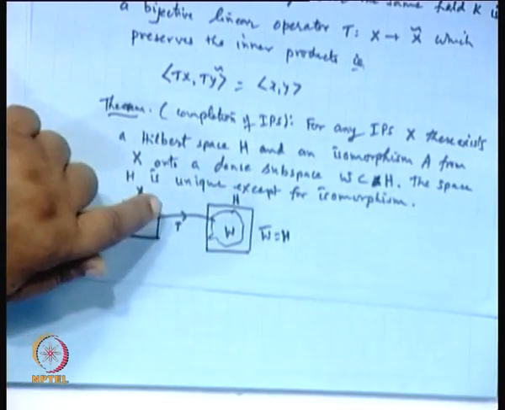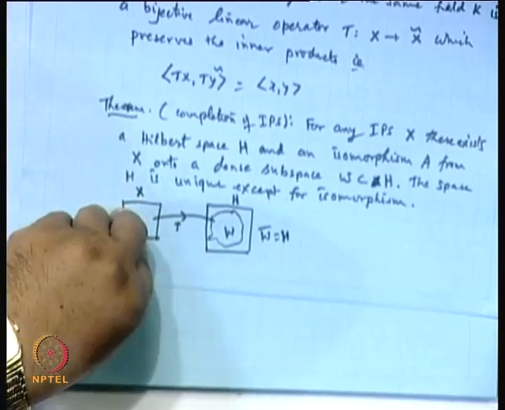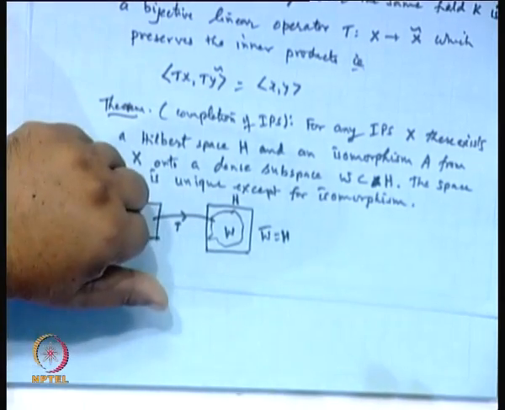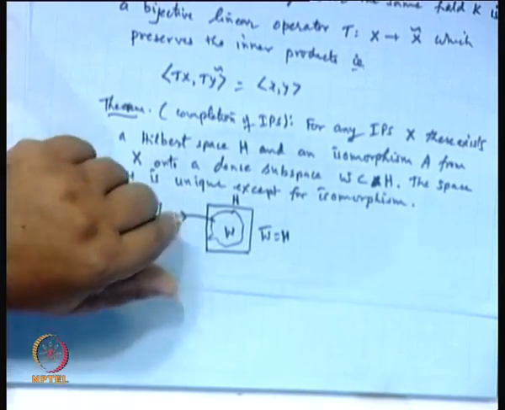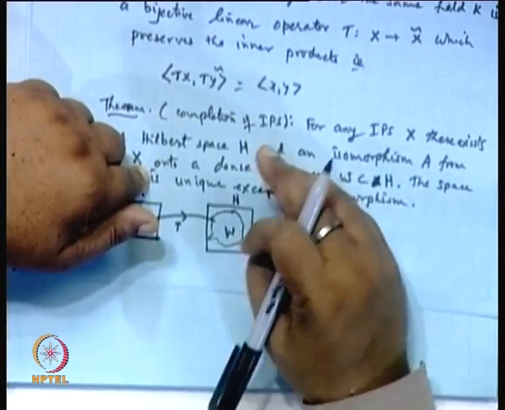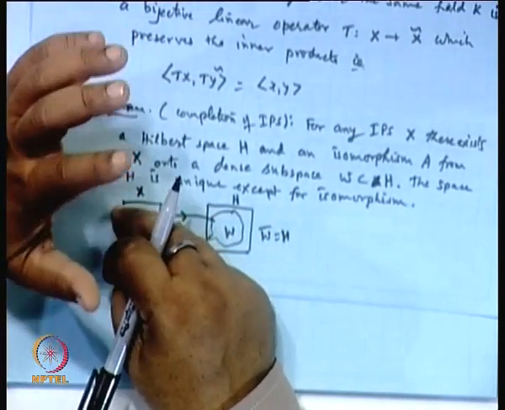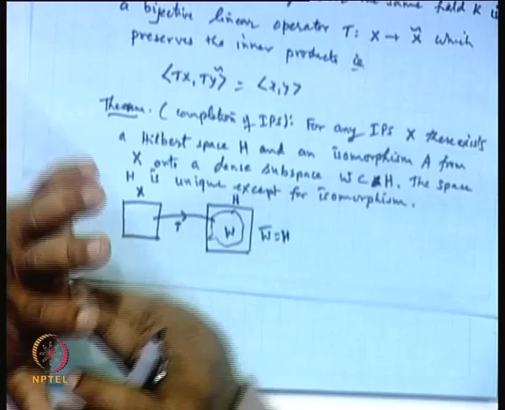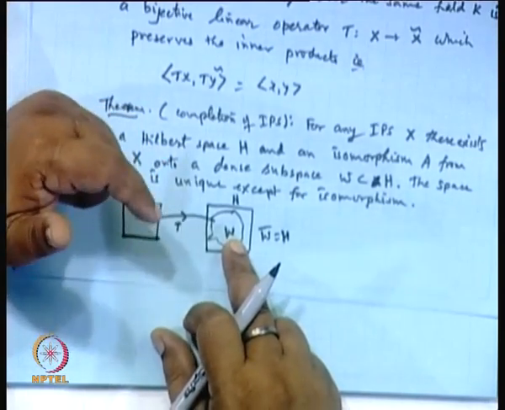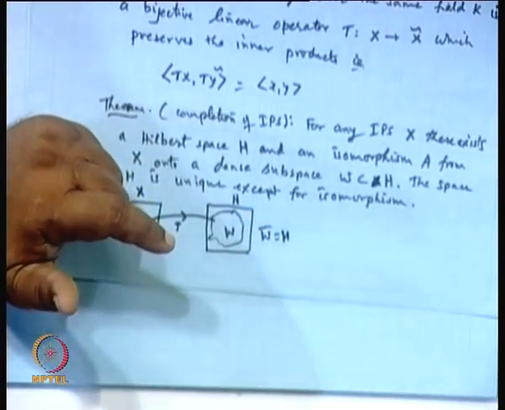So what we are saying is that if X is an inner product space, one can identify a Hilbert space H, which has a subspace which is dense in H and is isomorphic with X. And this representation means that corresponding to X, we get an H which is unique except for isomorphism.